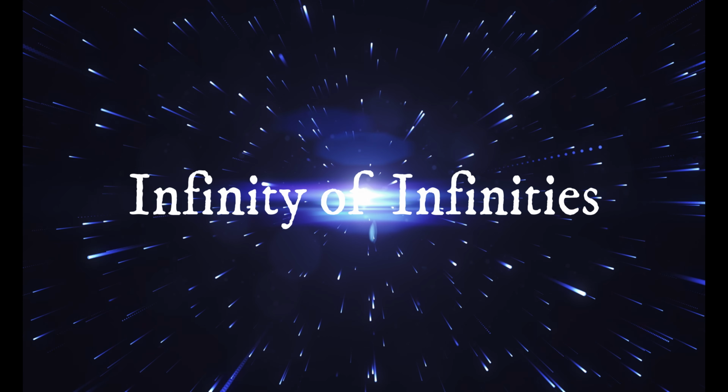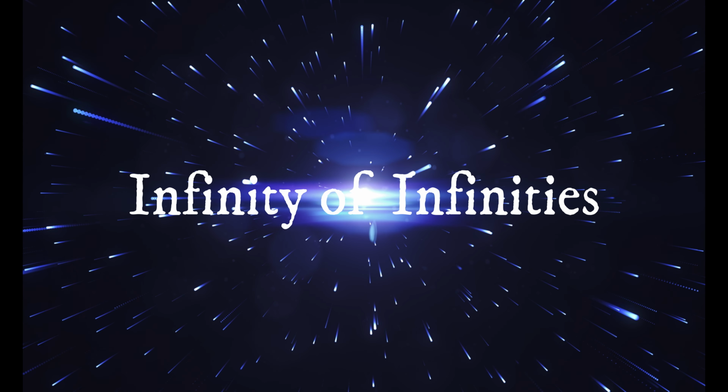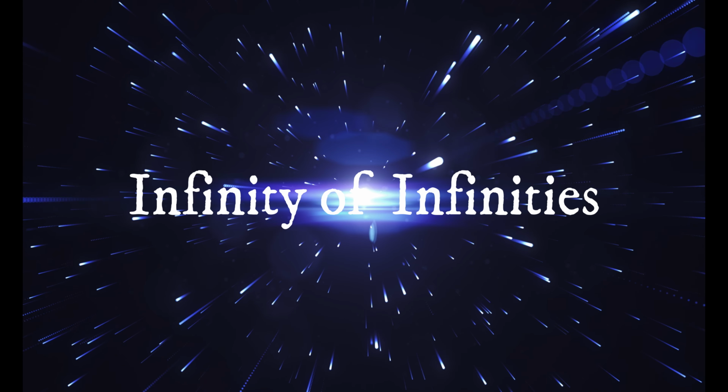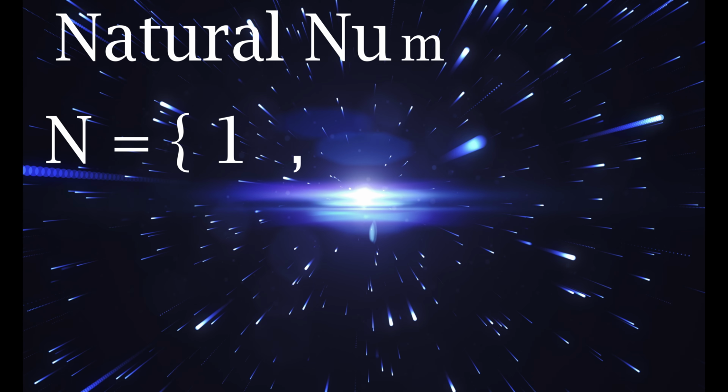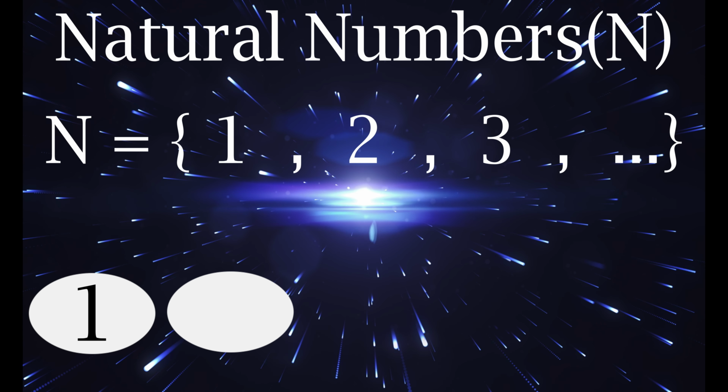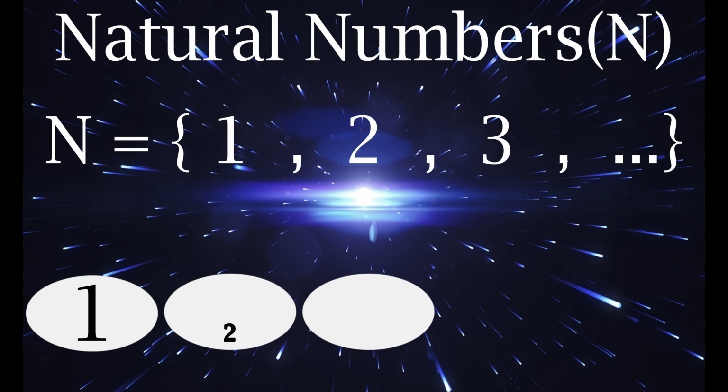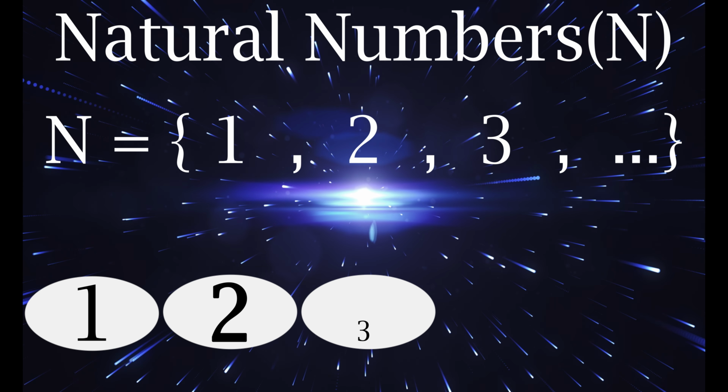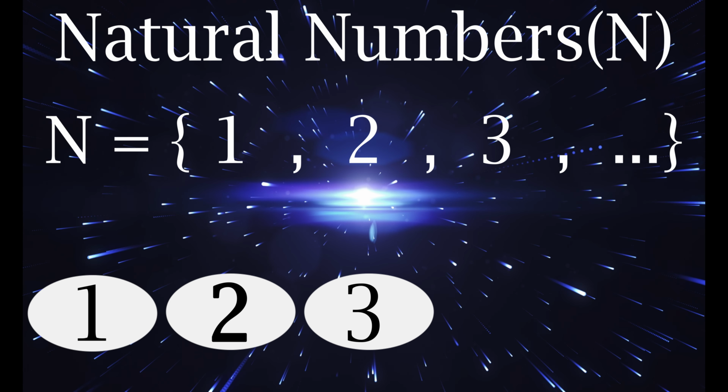Speaking of big infinities, there exist infinities even larger than infinity itself. The idea, known as infinity of infinities, again proposed by Georg Cantor, describes how, for any given set, its power set, that is, the set of its subsets, has a cardinality greater than the set itself, even though the number of elements in a set is infinite.